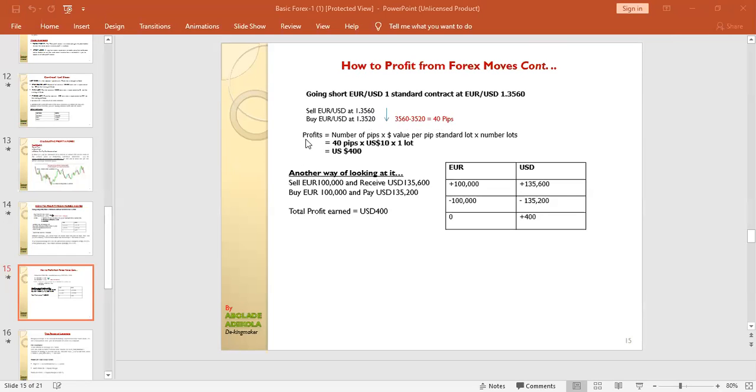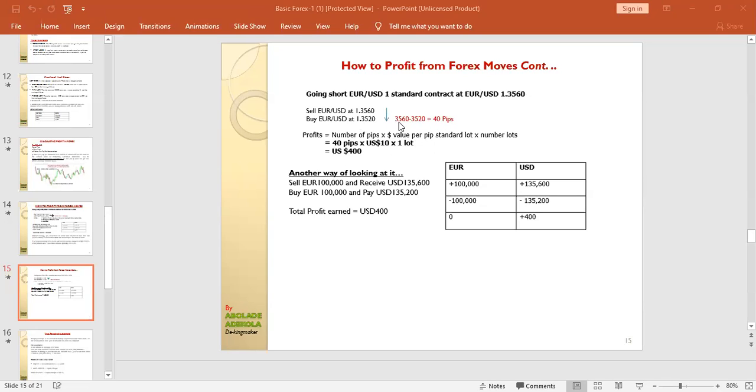So your profit is equal to number of pips multiplied by dollar value per pip per standard lot multiplied by the number of lots. Okay, so you remember dollar value per pip per standard lot is $10.